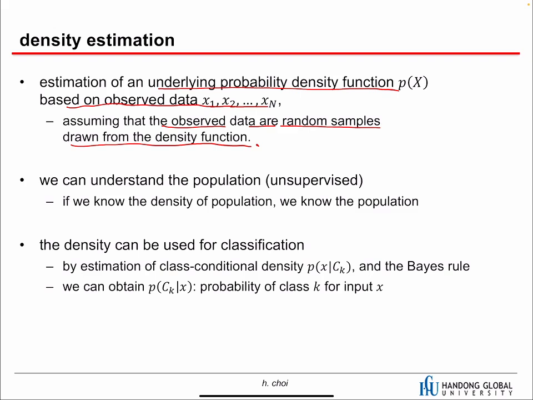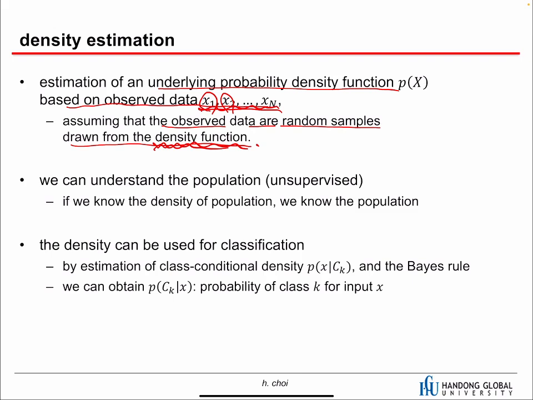All these data samples are coming from one unknown density function, so these are identically distributed. X1 is coming from one density function and X2 is coming from the same density function randomly. So we have n random samples from the same density function.